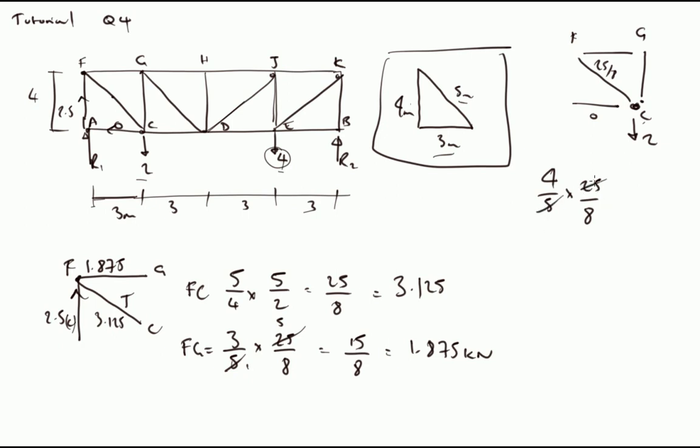So that's 1, and that's 5. So 4 5s are 20 divided by 8. Okay, I've done it again. Sorry.